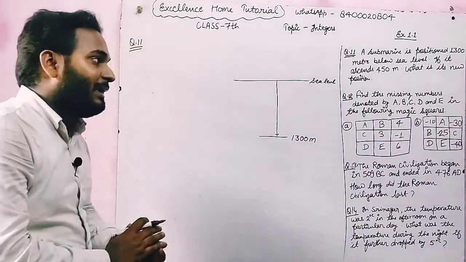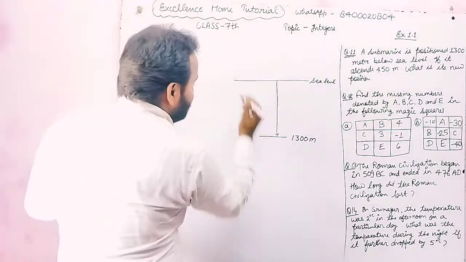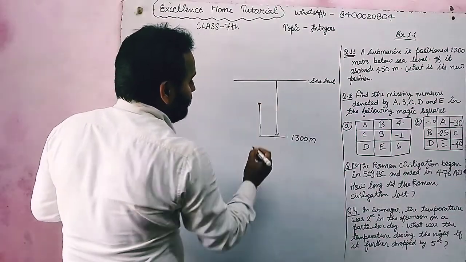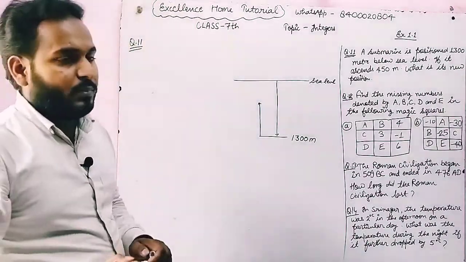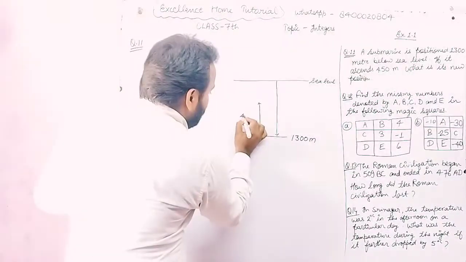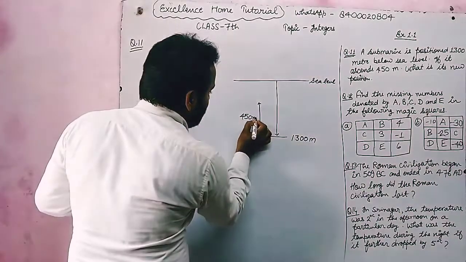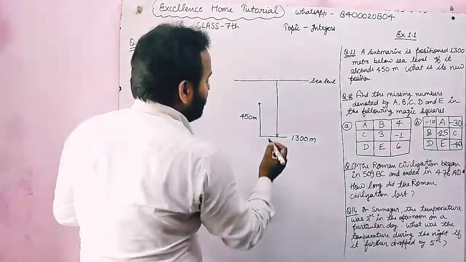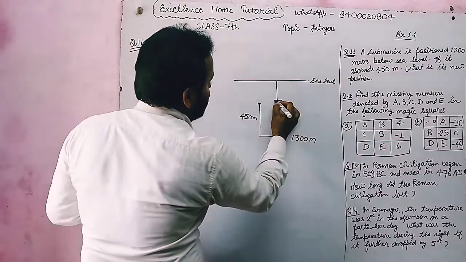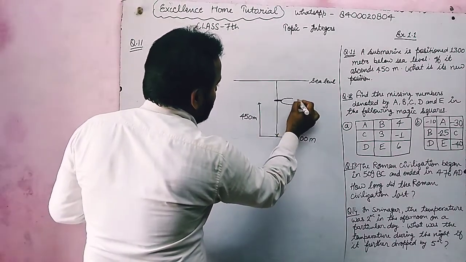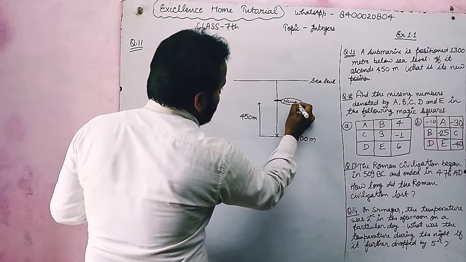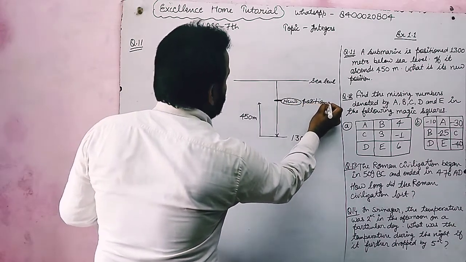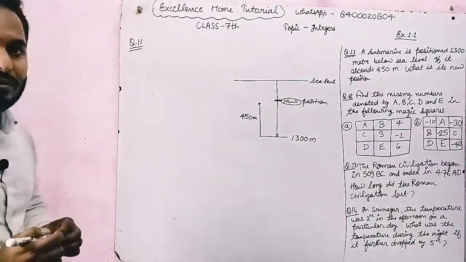After that it ascends, that means it goes from bottom to top, 450 meter from the position of the submarine. So let's find the new position. We have to find out the new position of the submarine.